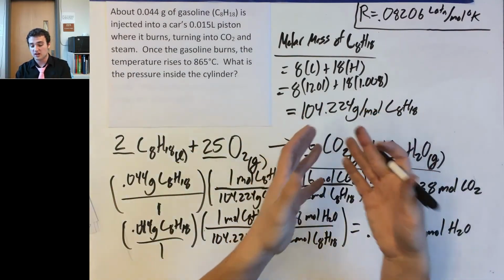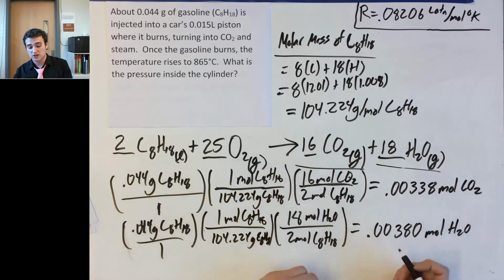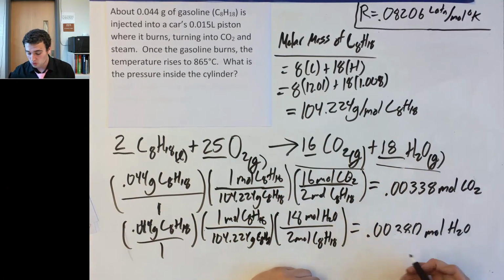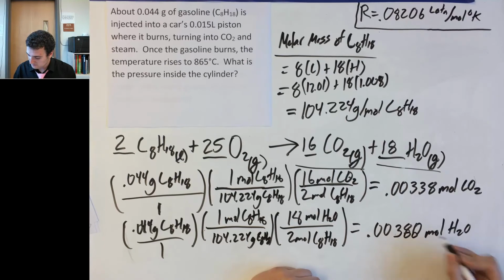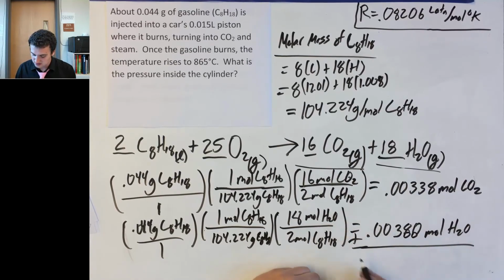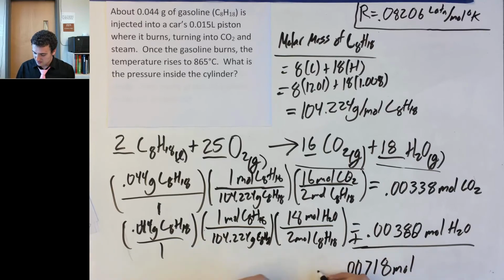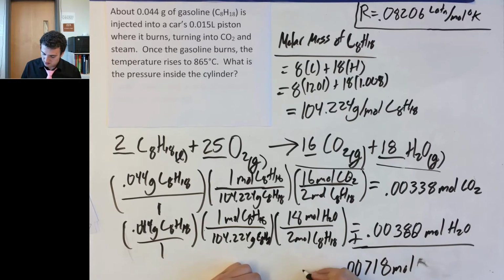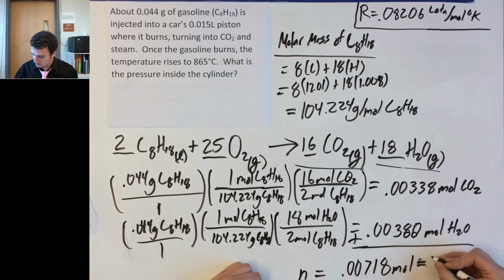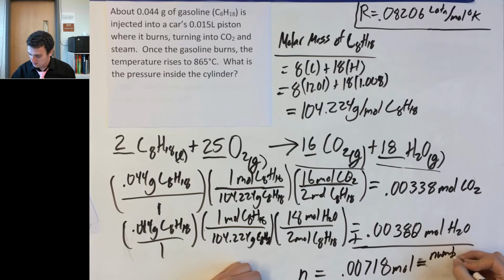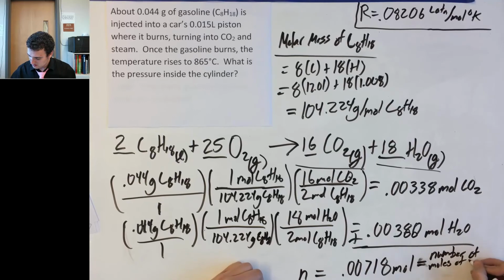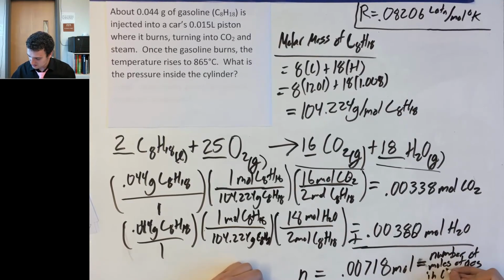So I'm using the ideal gas law. I want to figure out what the pressure is, but I need to know the moles of my total gas. So I do that by adding these two together, and we end up getting 0.00718 moles, and that is the amount of gas, that is n. n equals the number of moles of gas in the cylinder.